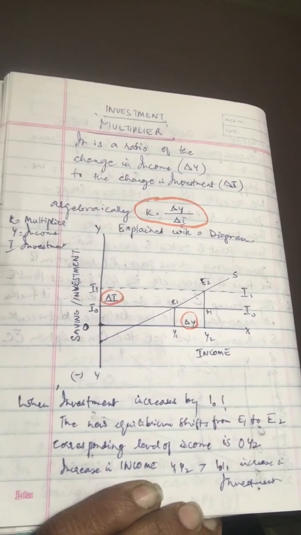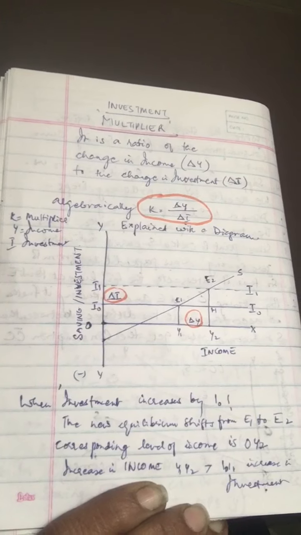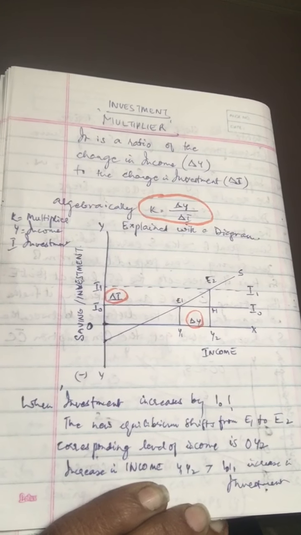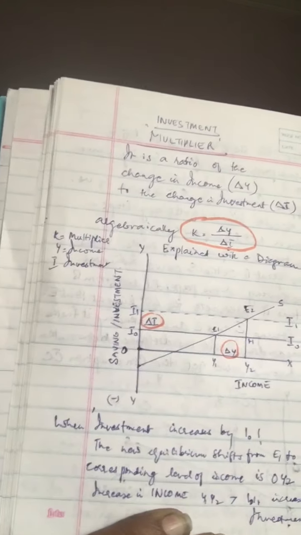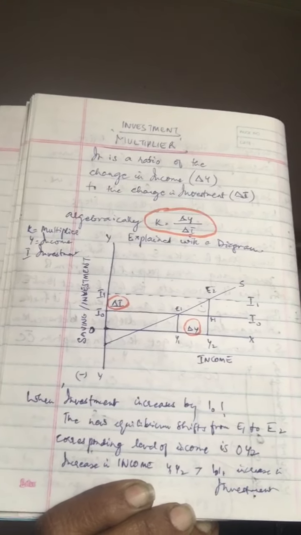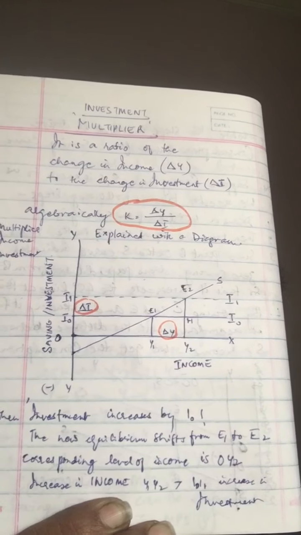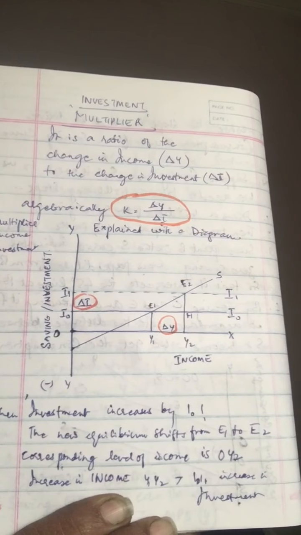The I0 curve is assumed to be a horizontal line. Why? I'm sure you know it. Yes, you're right. It is because it is autonomous investment and not induced. And SS is the saving curve, which slopes upwards.